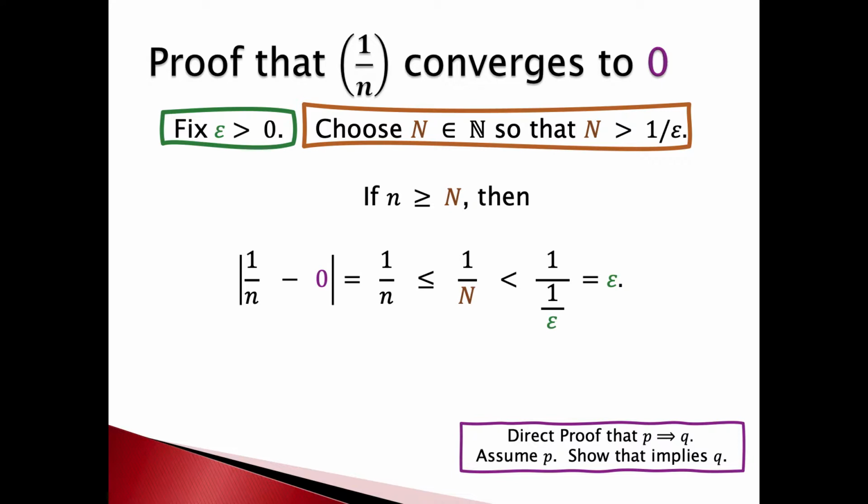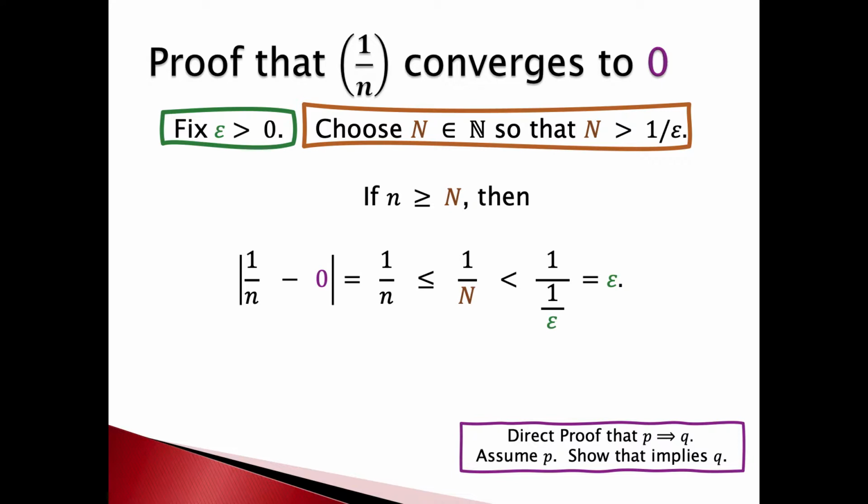Now, here's where I use the P part, right? I'm assuming that little n is bigger than or equal to capital N. Now, remember the way that things work if you start working with denominators. It'll be really important to keep in mind as we go through this. When you want to make something larger, you can do that by making the denominator smaller. So when I go from 1 over little n to 1 over capital N, that should get bigger. And how do I make sure that happens?